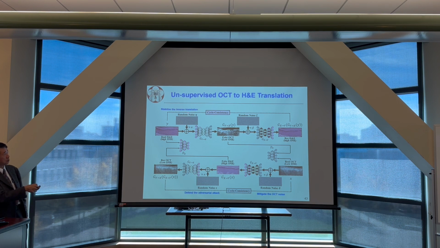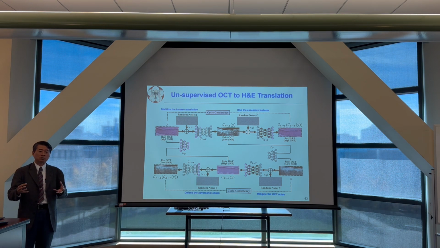So you can add noise here so that the network can focus on the important features. Also for this part we added noise. We're adding four different noises, to force the network to learn something important and ignore the noise.